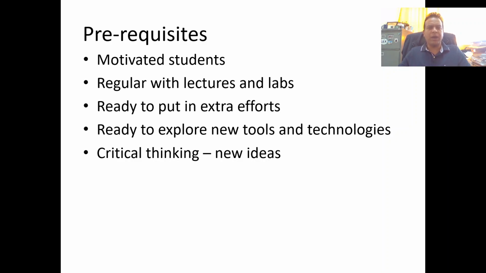If you're going for an IoT final year project, it's good that you choose this module, because you will learn all the basics of how to develop an IoT system. But I'm again stressing that I want motivated students, students who are ready to put in the extra effort to attend all lectures and labs, who are serious with respect to the module.